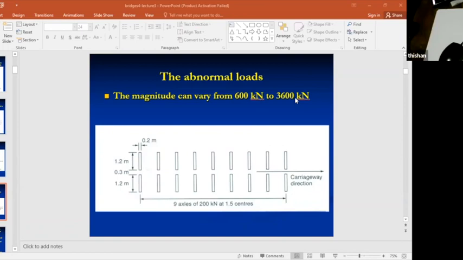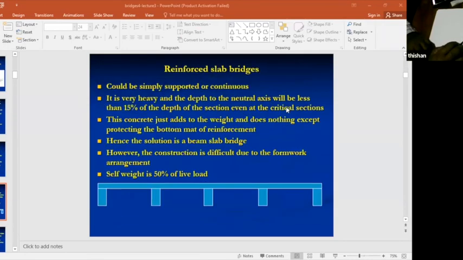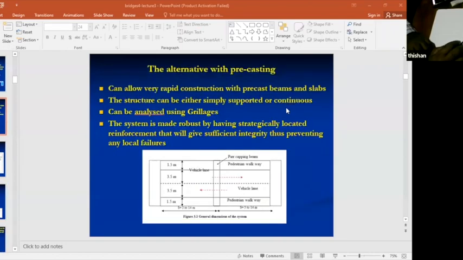Earlier it used to be 100 tons to 180 tons. Now you can see a bigger range is given. So depending on the type of highway, you have to make the decision.